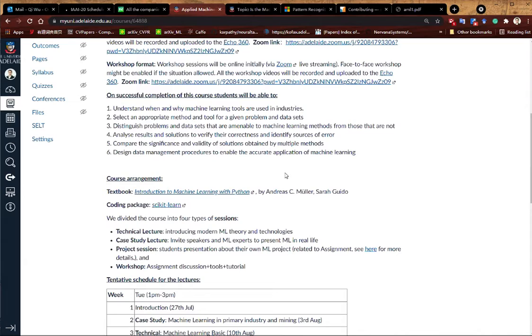We don't want you to spend a lot of time implementing the algorithm. We want you to spend time thinking about what kind of problem could be addressed by machine learning, what kind of algorithm is suitable for that, what kind of experiments you have done, and what kind of results you got. That's the major motivation of this course.